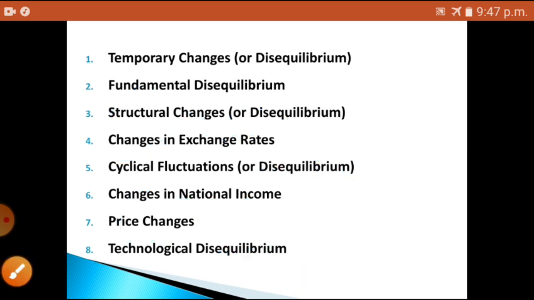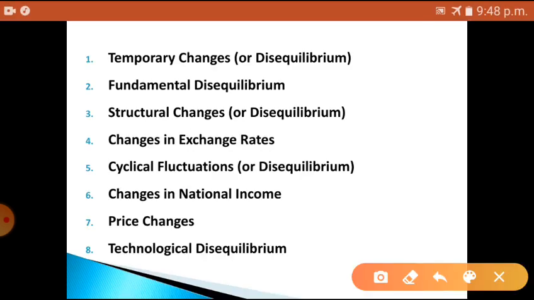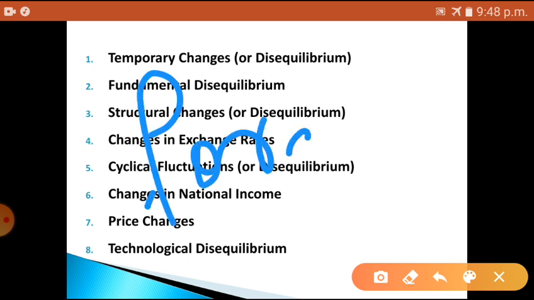So the second factor of fundamental disequilibrium will be a continuous fall in the country's foreign exchange reserve, due to inelastic supply of exports and excessive demand for foreign goods and services.